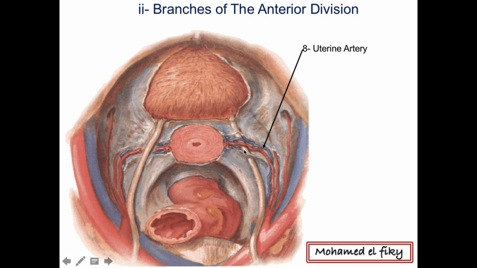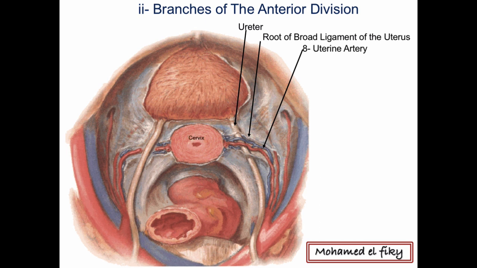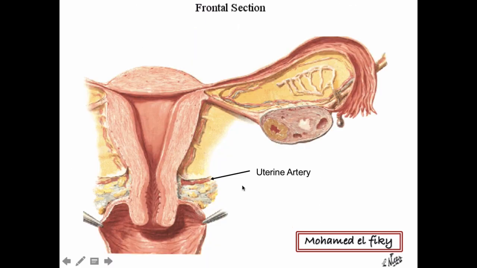If the surgeon ligates the ureter, it will lead to renal failure. So you must remember the uterine artery crosses the ureter near the cervix, as seen in the diagram. This is the uterine artery, and the ureter from up down.